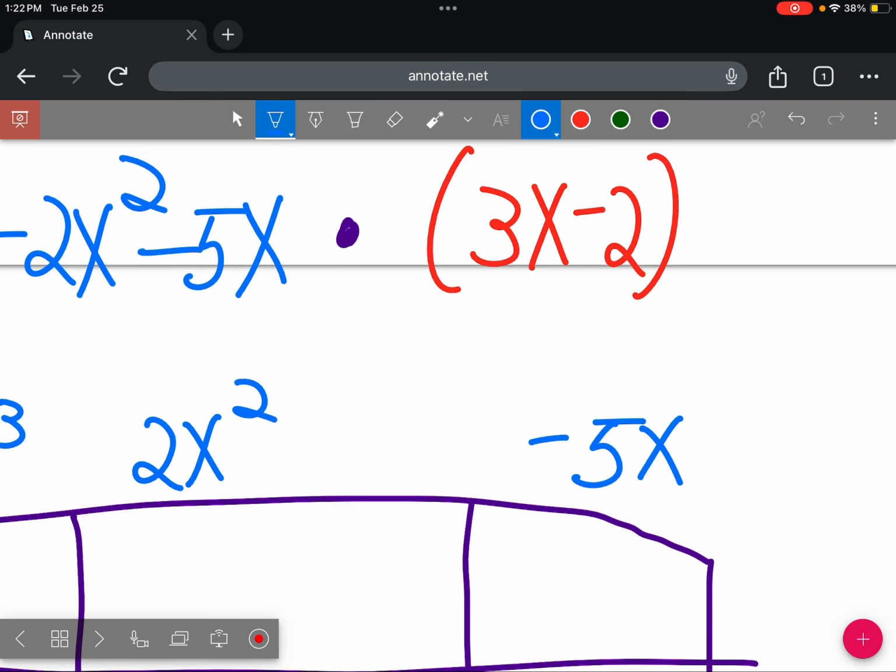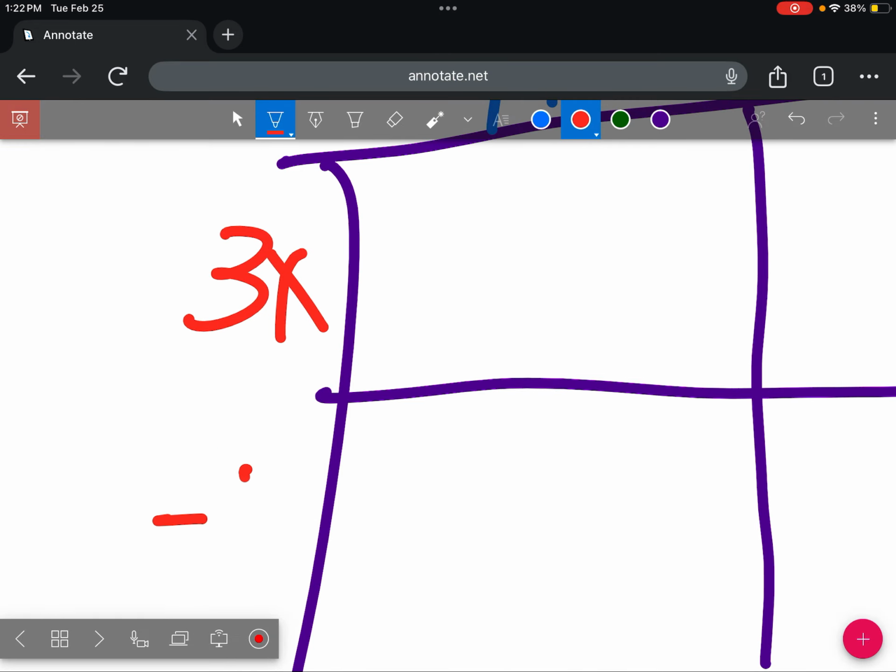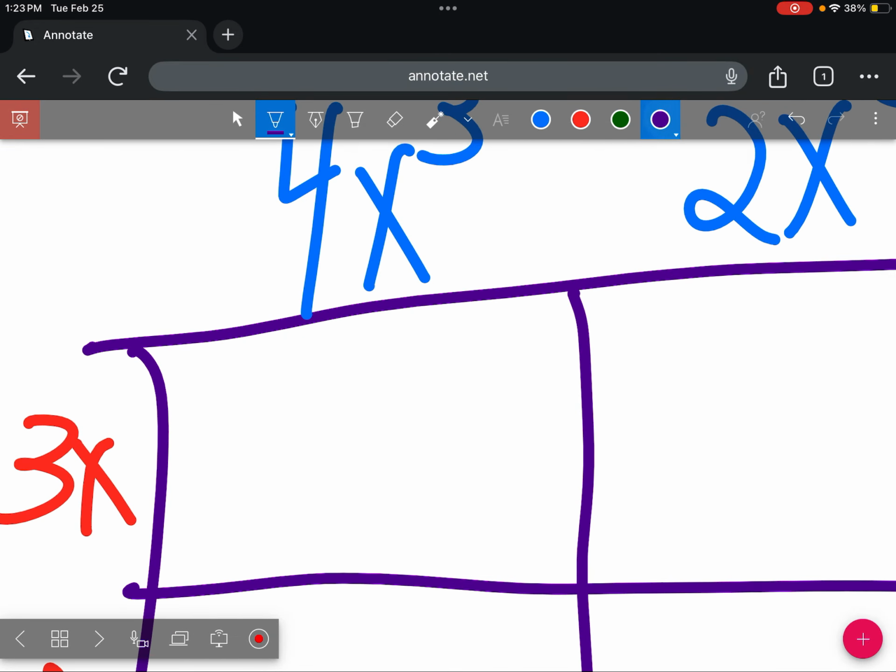And then on the side here, 3x minus 2. Multiply your coefficients, add the exponents.